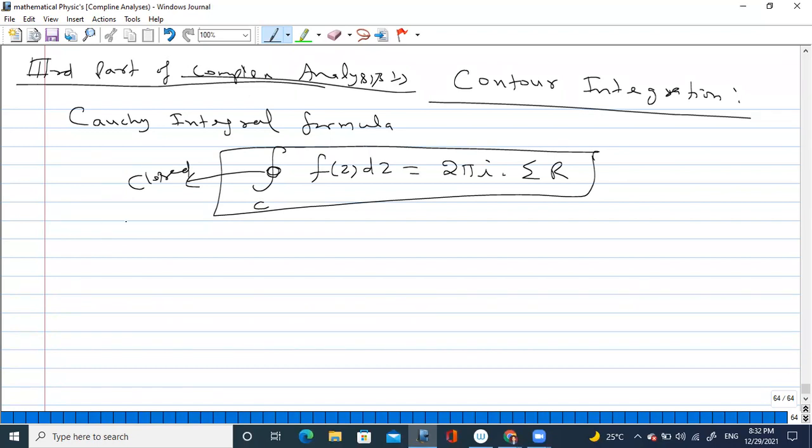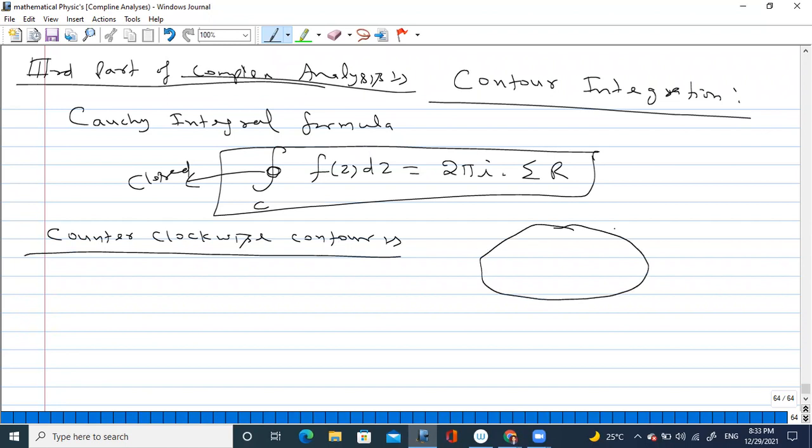Now here, if your contour is clockwise or anti-clockwise, the answer will be different. That is the first thing. Suppose I am taking the case of a counterclockwise contour. It means your contour will be going in this way. This arrow will be given at any contour. So this is your contour, and the arrow is like this. So this is counterclockwise.